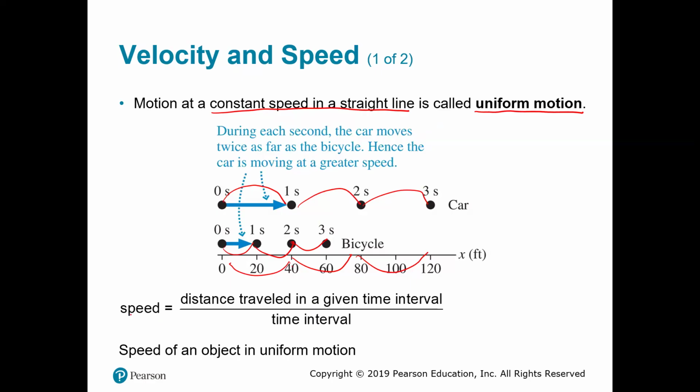So the definition of speed. Remind yourself what we just talked about: total distance traveled versus displacement. The definition of speed is distance traveled over time. Your distance traveled is always a positive number, so your speed is always positive.